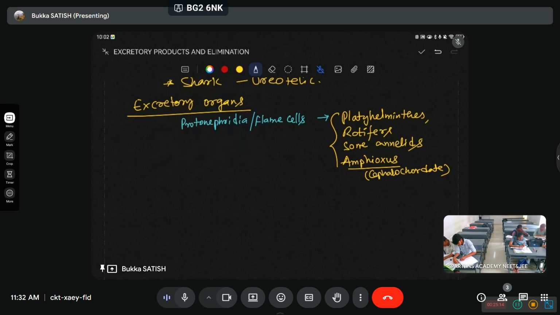Right. Now this protonephridia, the primary function of this is osmoregulation.